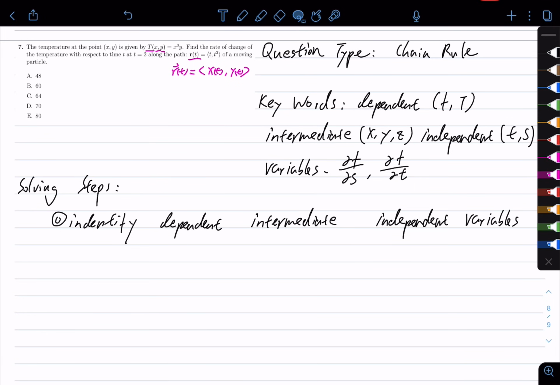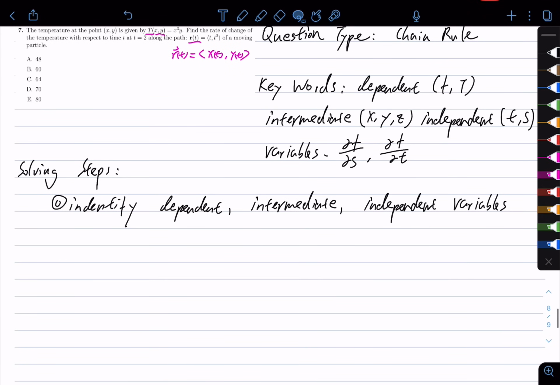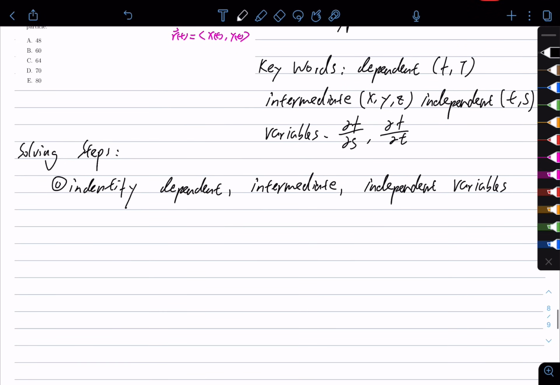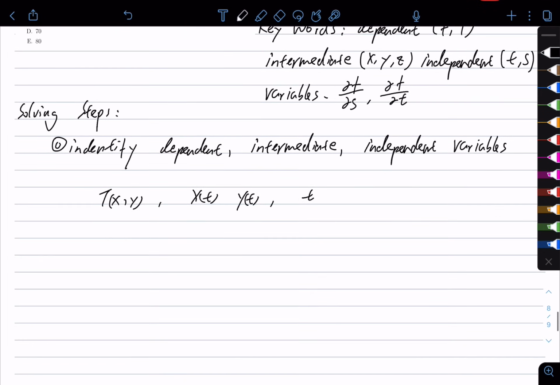This is a very important step for solving these types of questions, because it helps you have a better understanding of the structure of these variables. So f is a function of x and y, x is a function of t, y is a function of t, and finally the independent variable is just t.